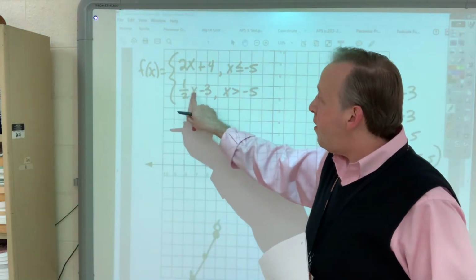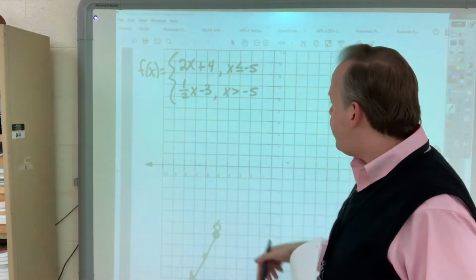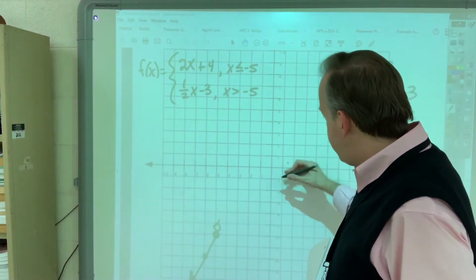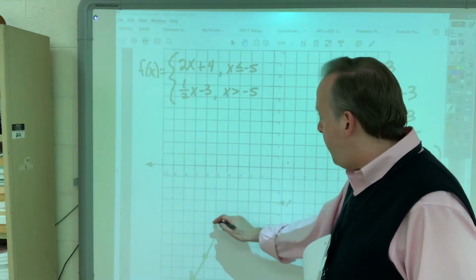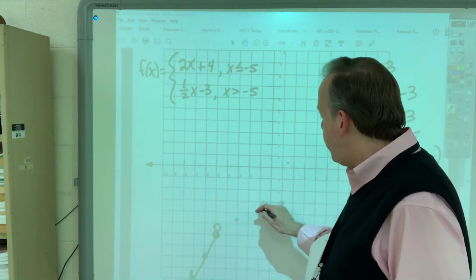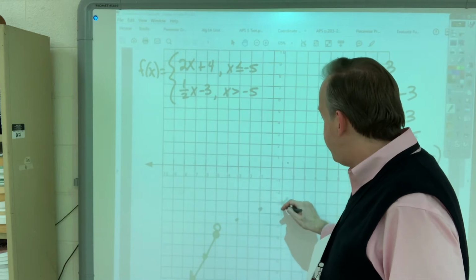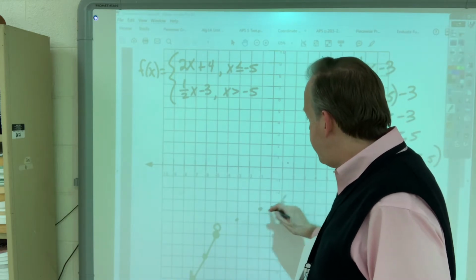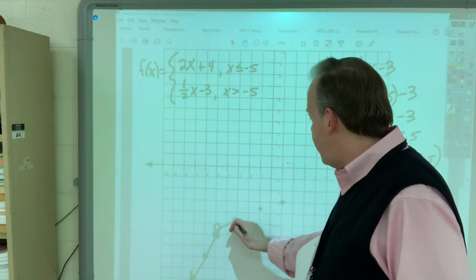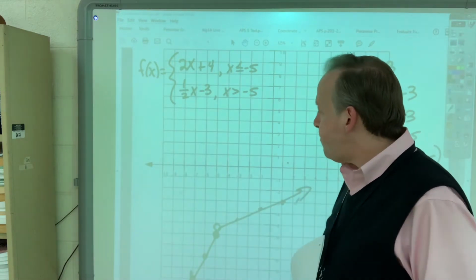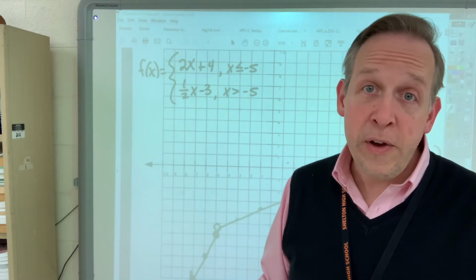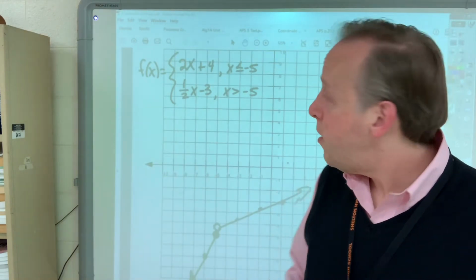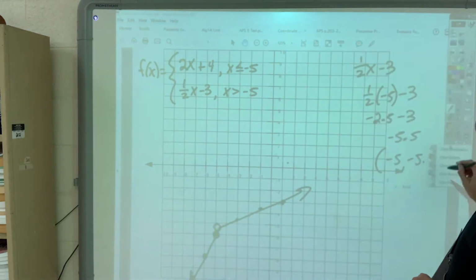If x is 0, half of 0 is 0 minus 3. Well, that's 0, negative 3. Which I also would have gotten to if I went up 1 over 2, up 1 over 2, up 1 over 2, okay? And I just need to connect it, and there we go. That's the graph of the first piecewise function. There's nothing else to do. All right, next up.